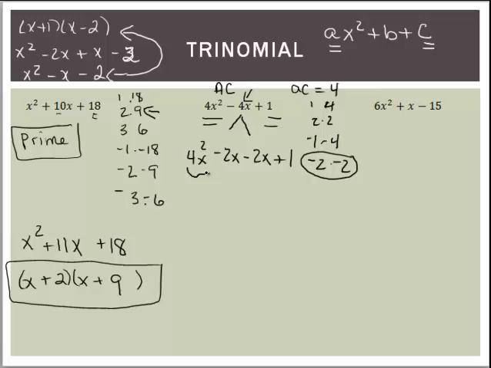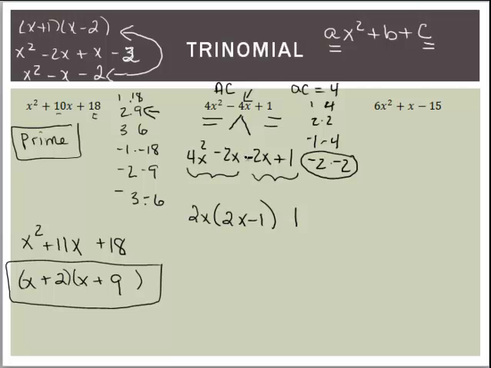Now you have 4 terms, you can factor by grouping. What do the first two have in common? They have a 2x in common. When you factor that out of the first two, you're left with 2x minus 1. What do the last two have in common? They don't really have anything in common. So you definitely want to factor out a 1.